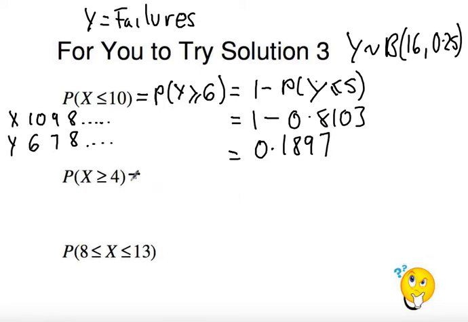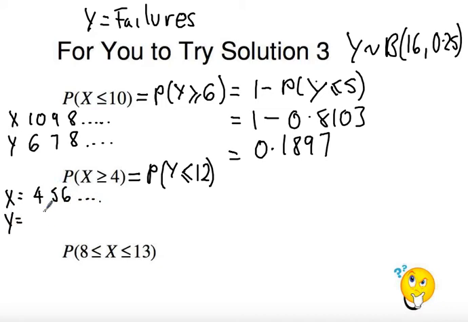Okay, probability x is greater than or equal to 4. So probability y, I'm going to reverse the inequality, less than or equal to. I'm going to add this up with so that 4 plus something gives me 16. So it's going to be y less than or equal to 12. Again, we can check this. X equals 4, 5, 6 upwards.